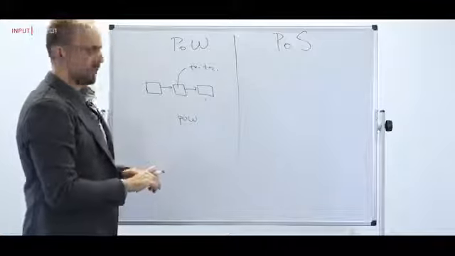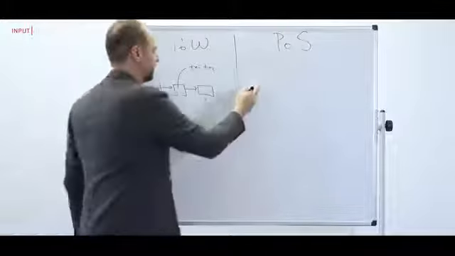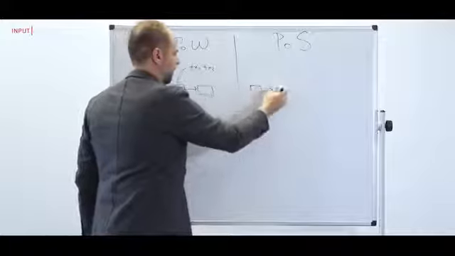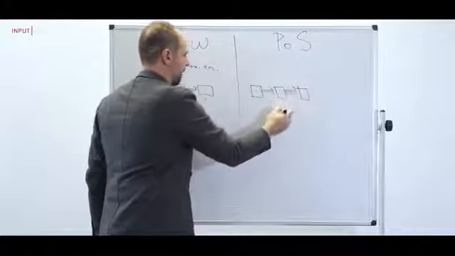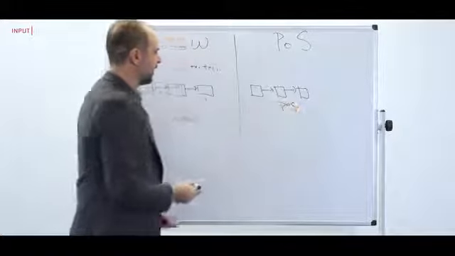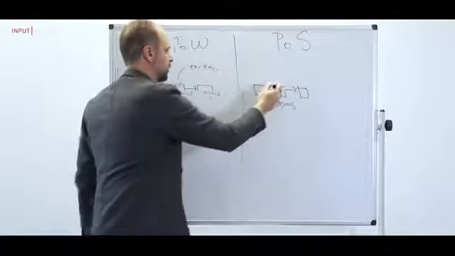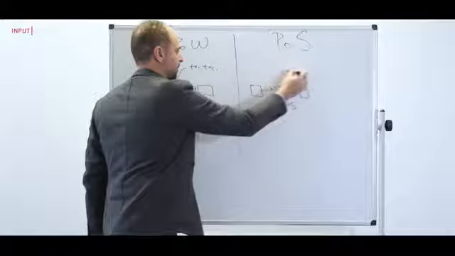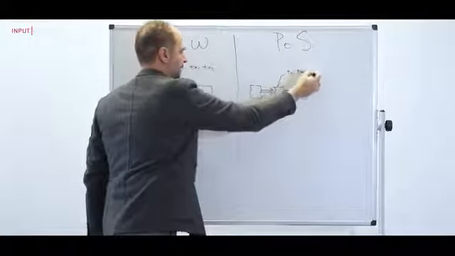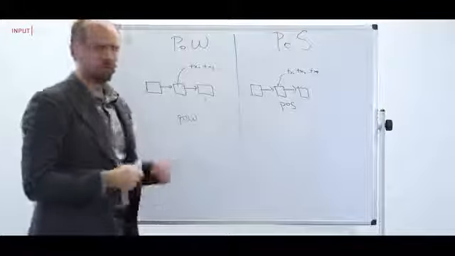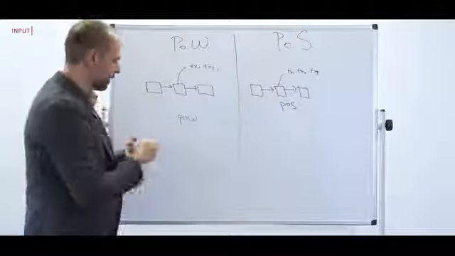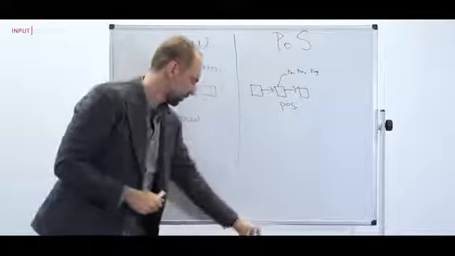In the proof of stake case, something similar is happening. You have again a sequence of blocks. Each one of them has transactions. But producing its block requires a proof of stake. Let's see the difference between the two.